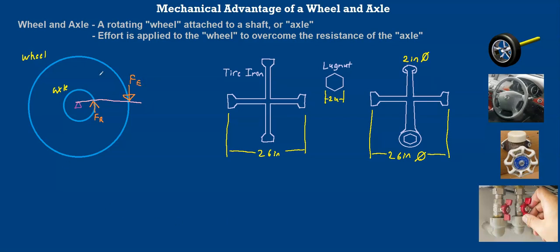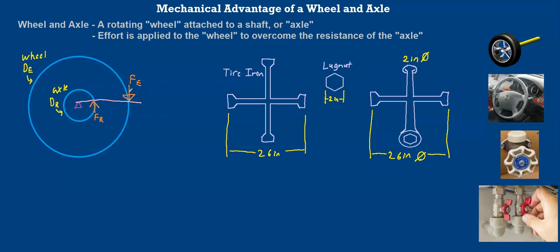And so basically what it ends up looking like is just a second-class lever with two circles around it, with the smaller circle representing the resistance and the bigger circle representing the effort. And we can even label the wheel as our distance effort, and we can label the axle as our distance resistance. And this becomes just a simple way to sketch out a wheel and axle without having to be an artist.